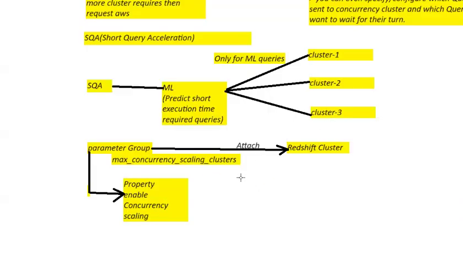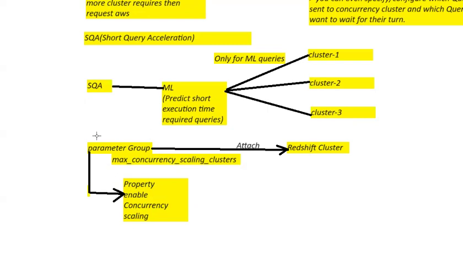While explaining, we enabled this option at the Redshift cluster, but we enable this concurrency scaling under the parameter group only. After creating the parameter group, you need to enable concurrency scaling. Only after enabling it can you provide the max concurrency scaling clusters.